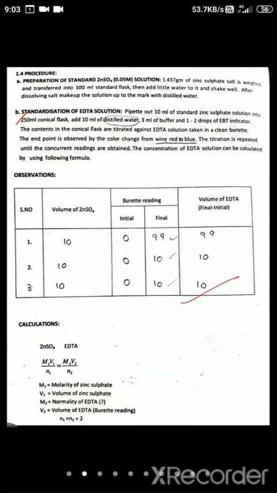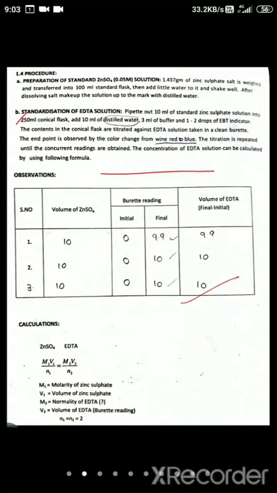The end point is observed by the color change from wine red to blue. The titration is repeated until concordant readings are obtained. The concentration of EDTA solution can be calculated using the following formula.